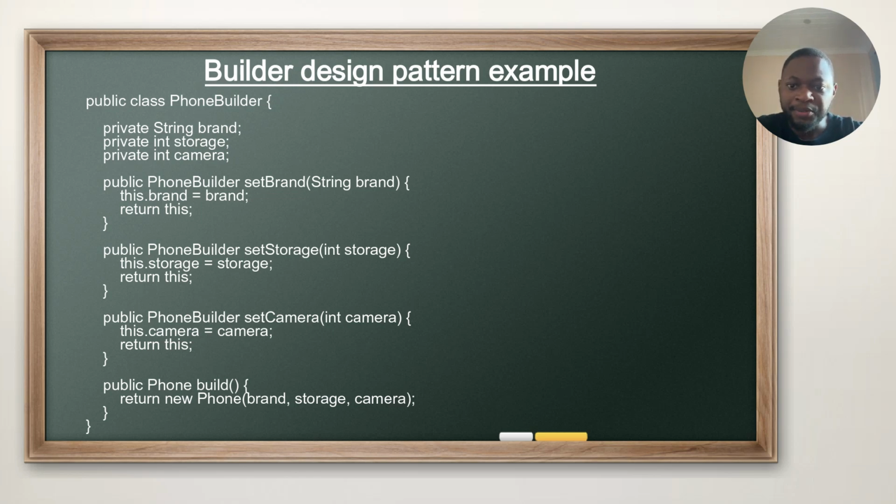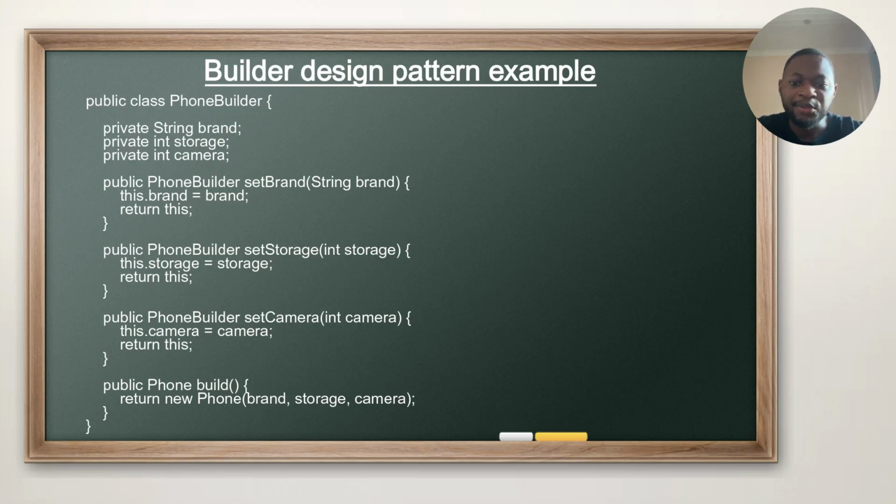So after we've set the brand, the storage, and the camera, right at the end we will be required to use the build method right at the bottom. That build method is responsible for actually constructing our phone object.